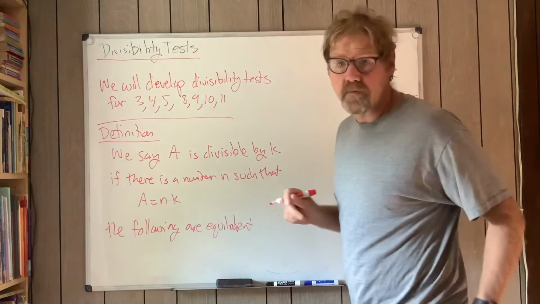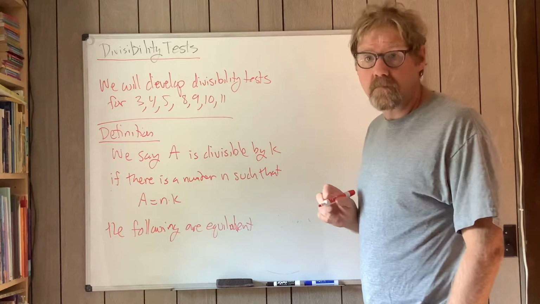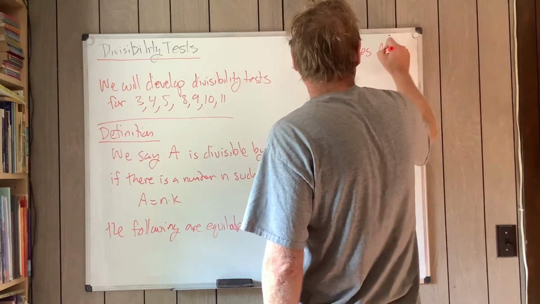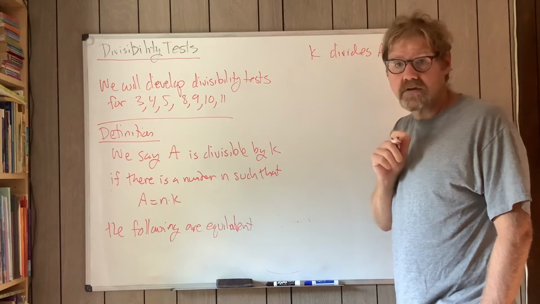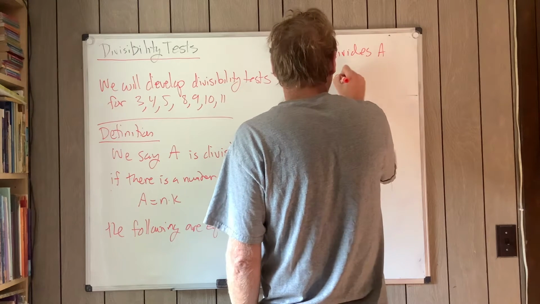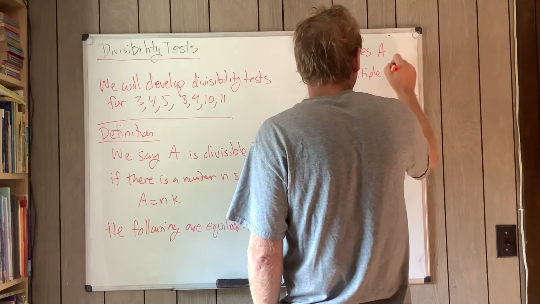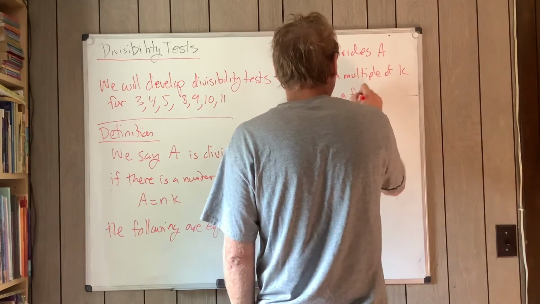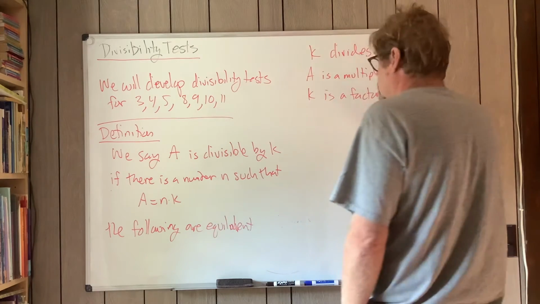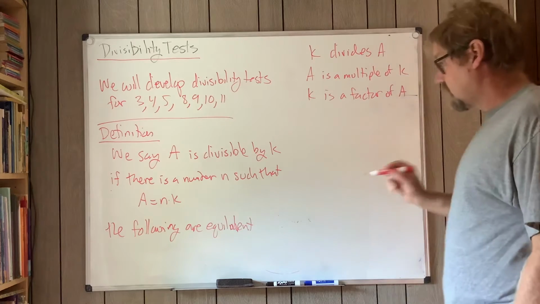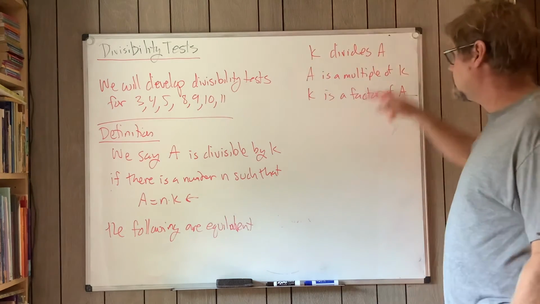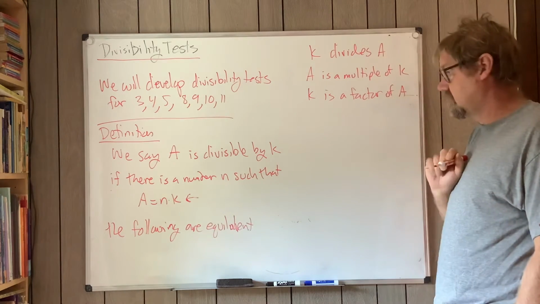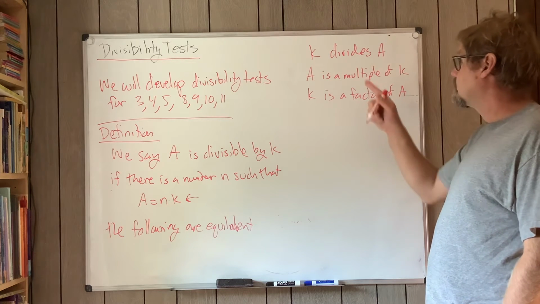We might say A is divisible by K. We can also say K divides A. We can say A is a multiple of K, or K is a factor of A. Okay, so it all comes back down to here, and these are just alternative ways of explaining that relationship. So K divides A.